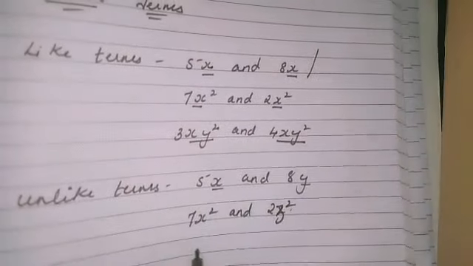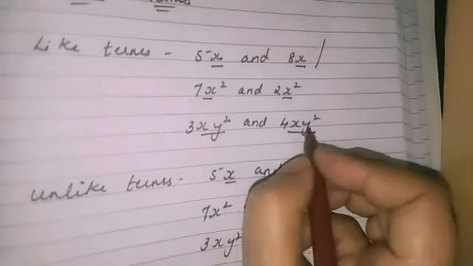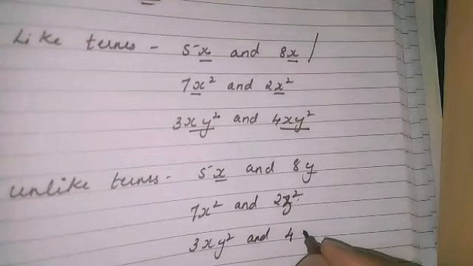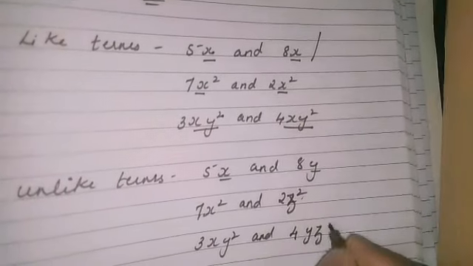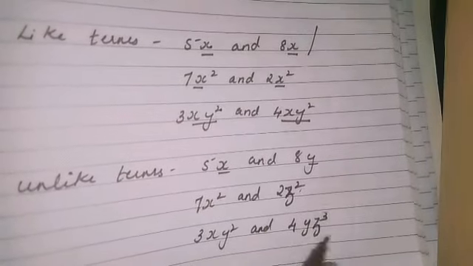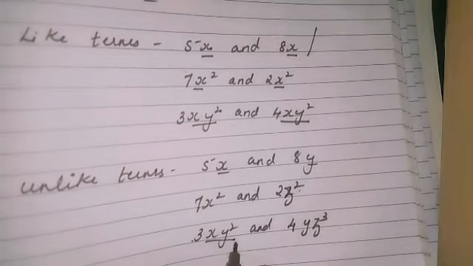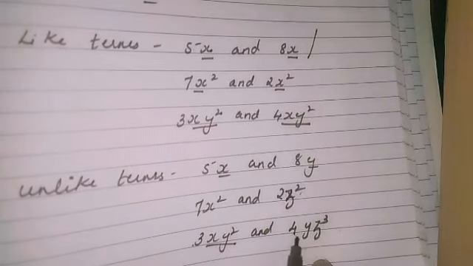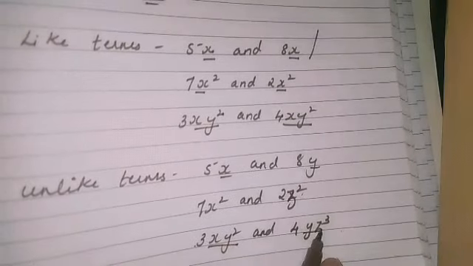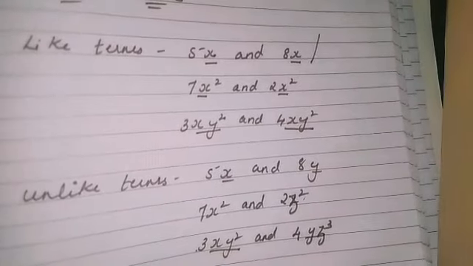Similarly, in the last example, 3xy square, I'm going to change the coefficient of 4 and write it as 4yz cube. The coefficients for 3 are xy square, and for 4 is yz cube. The literal coefficients are different, so that's why they become unlike terms.